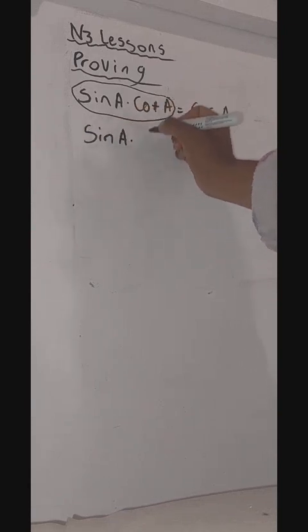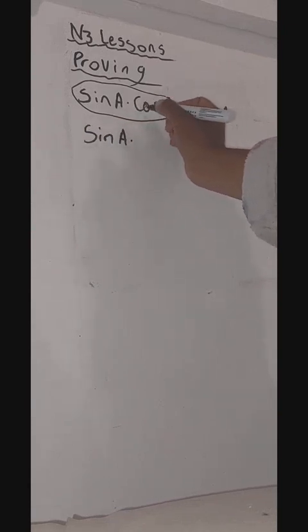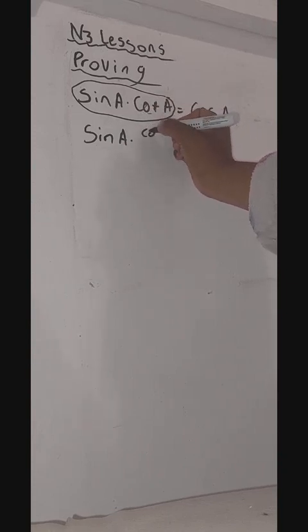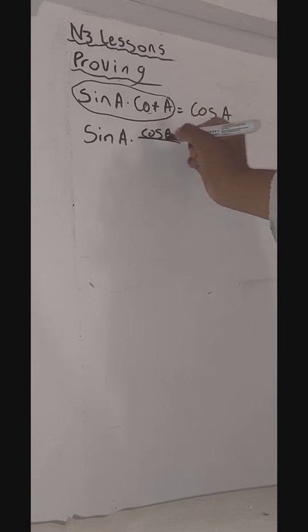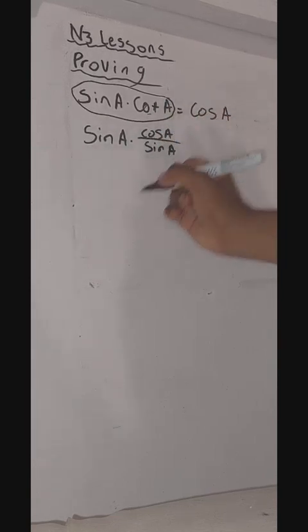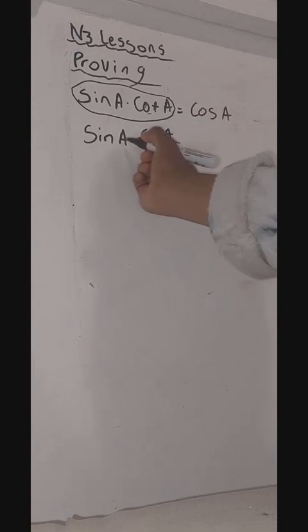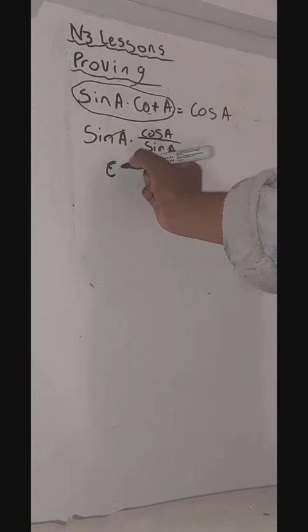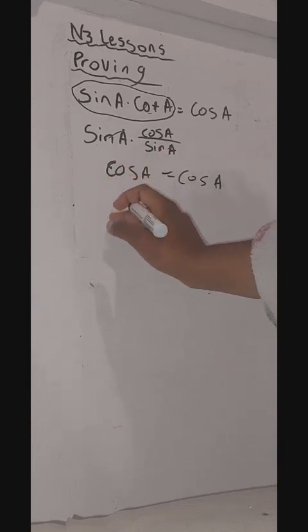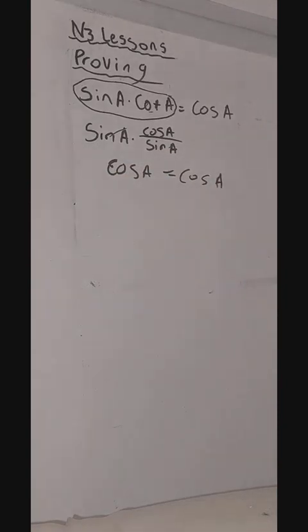Sine A times, this can be changed to cos A over sine A. We cancel this, and we are left with cos A, which is equal to cos A. Therefore, left hand side is equal to right hand side. It's easy.